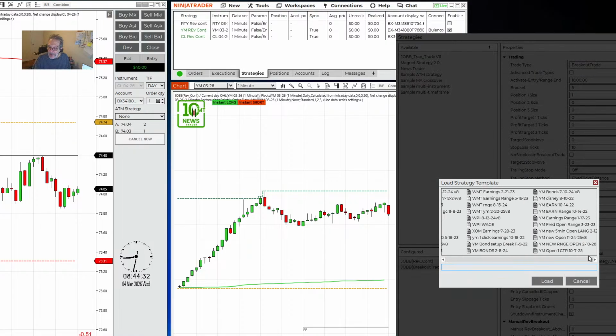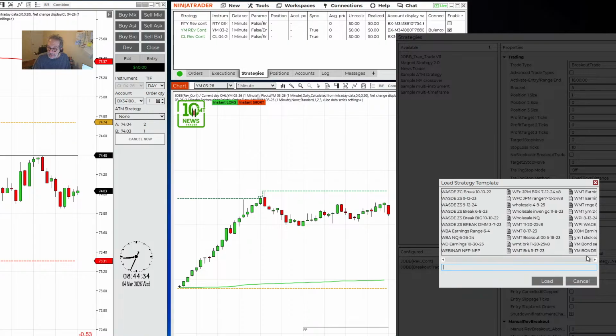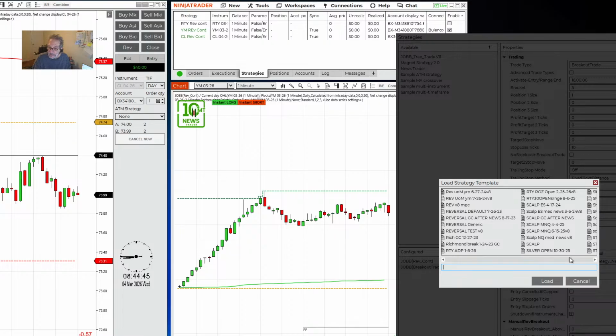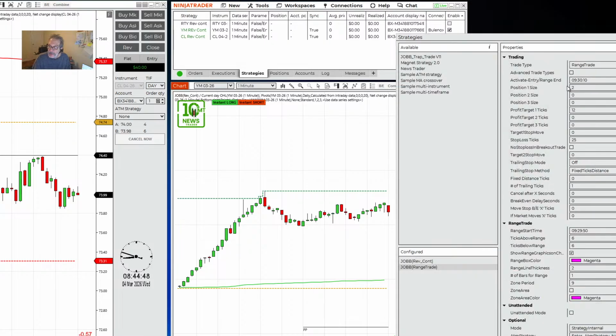And don't forget we have ISM services this morning. So the RTY open is a range trade 929.50. It starts 6 ticks above the range, 6 ticks below. Show the range graphics on chart.